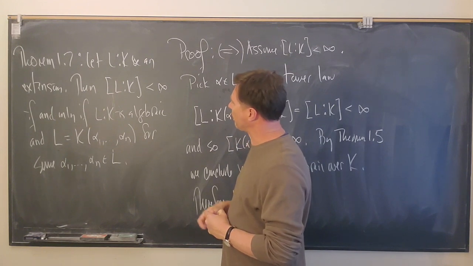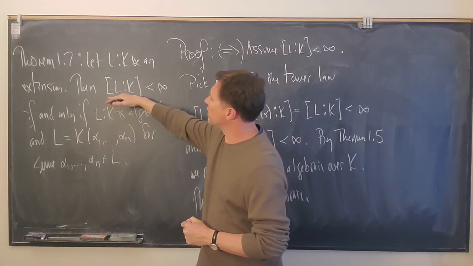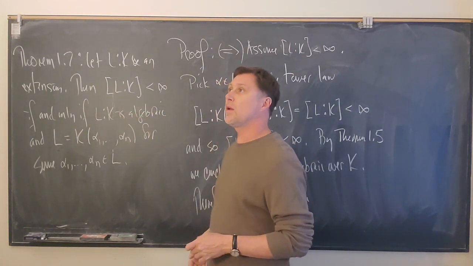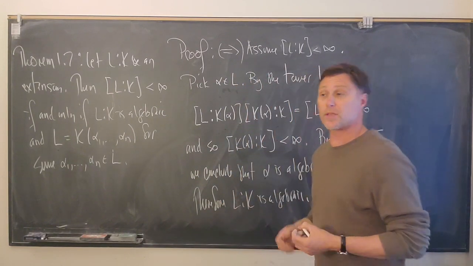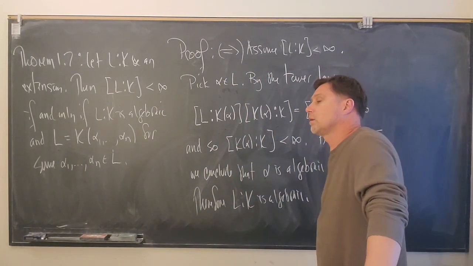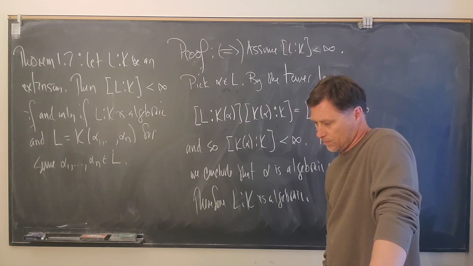And now what do we have? Well, we know that this is finite. What does that mean? It means that viewed as a vector space over K, there's a finite basis.